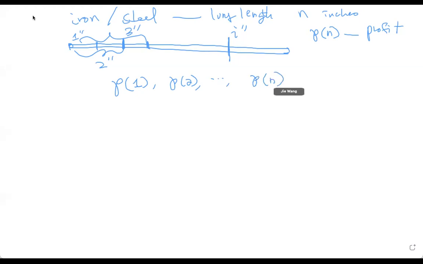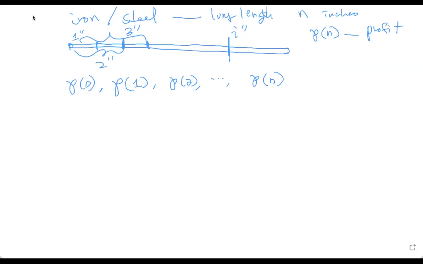Of course, if you don't have anything, then actually you have P of 0. That means you don't make profit by selling nothing. Right? But for completeness of a mathematical analysis, you want to include this, called the boundary condition. So this is my boundary condition. Let's say I have this table.